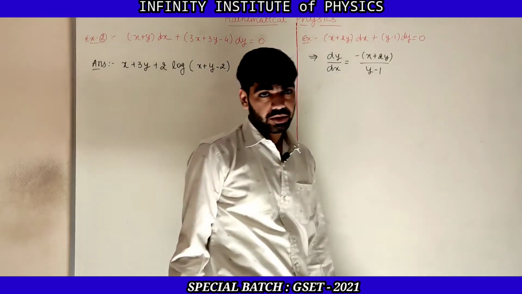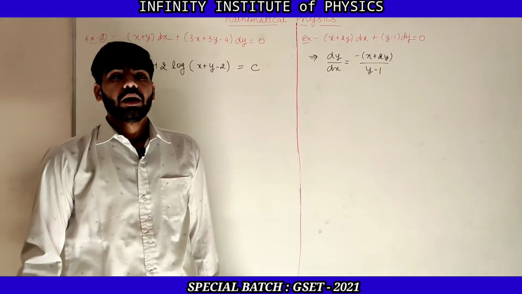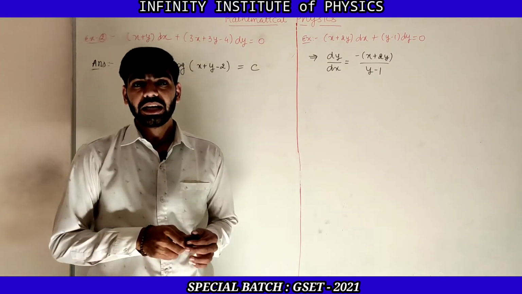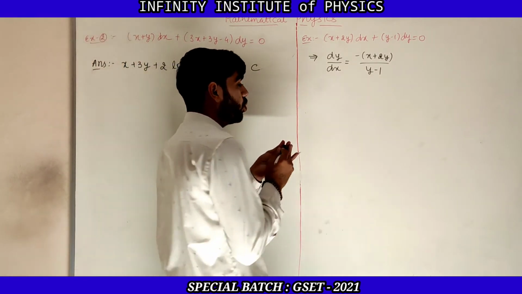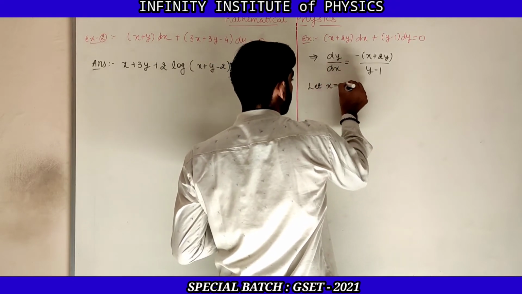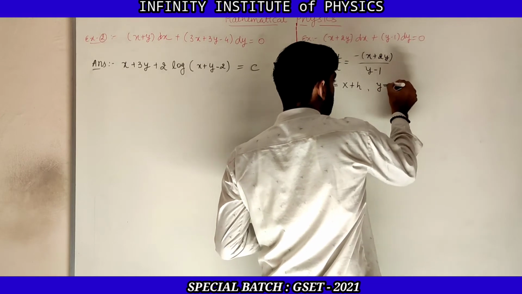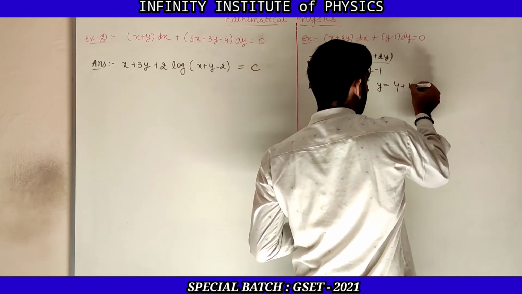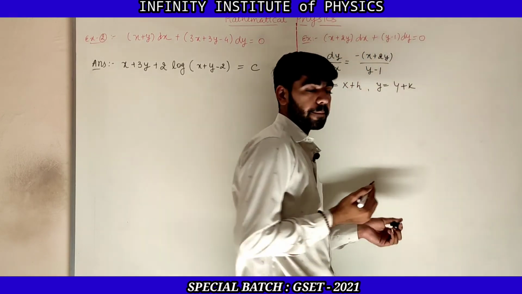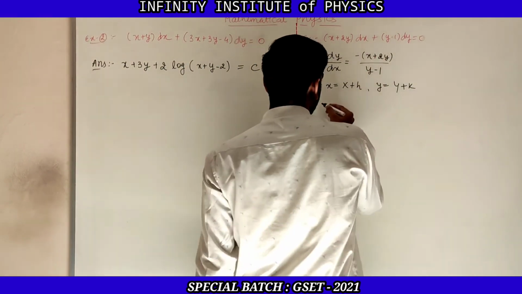So for that we need to introduce new variables, capital X and capital Y. Let small x be equal to capital X plus h, and small y equal to capital Y plus k. Now let us put these values in the given differential equation.